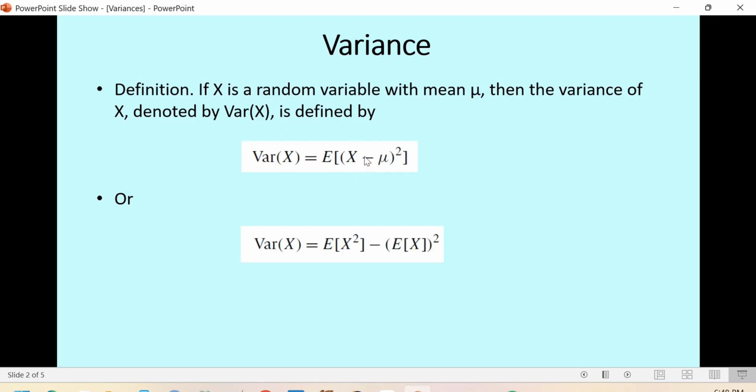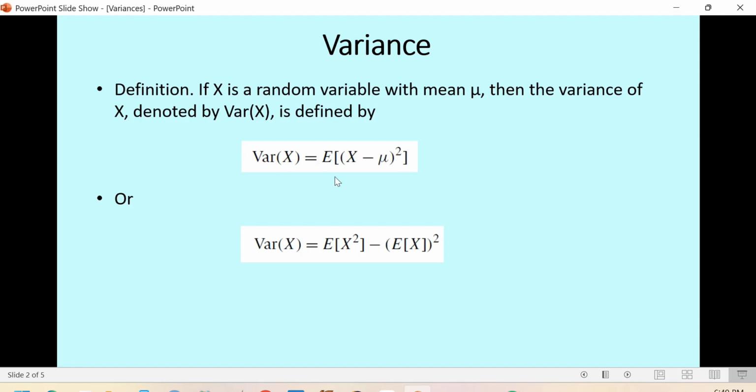For example, if it is a discrete random variable with possible values 1, 2, 3, 4, 5, 6, we subtract its mean value, or expected value, from each value. Then for each difference we take the square. Then we calculate the expectation of this part.